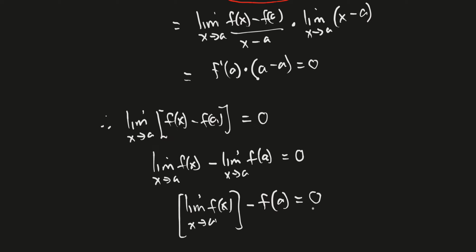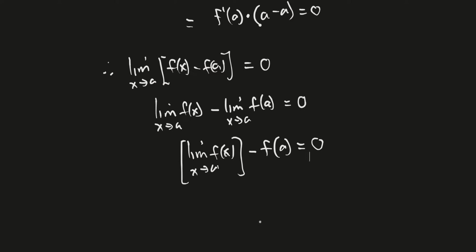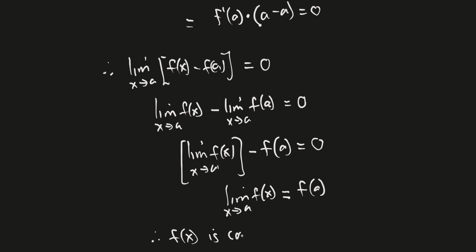Well, if I add f of a to both sides, look at what I end up with. I have that the limit as x approaches a of f of x is equal to f of a. And this is our definition of continuity. So therefore, f of x is continuous at x equals a, right?